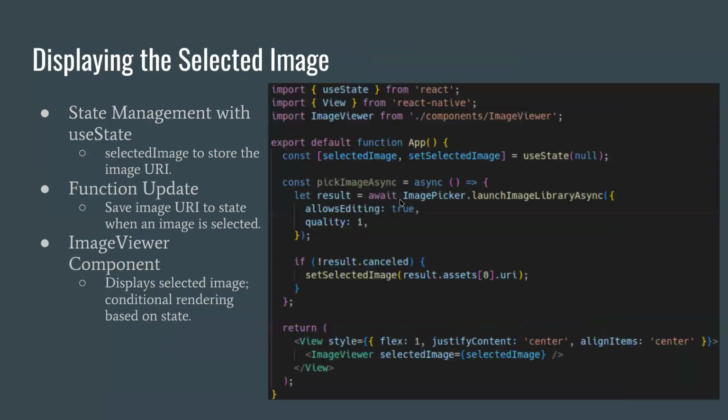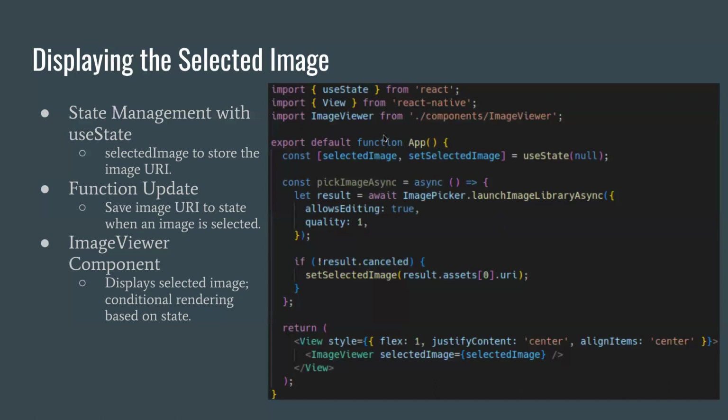And displaying the selected image. So after selecting an image, you can show it on the screen. To do that, we can use the useState hook that you learned from the React lecture to manage the image URI.